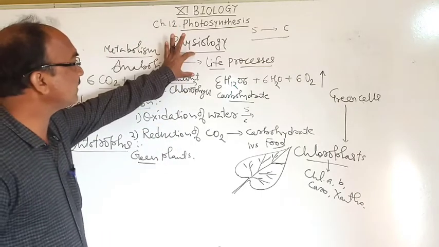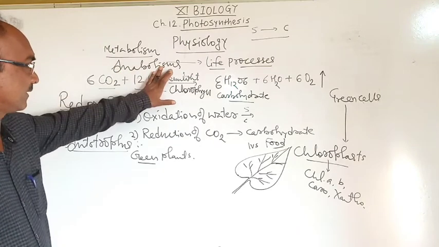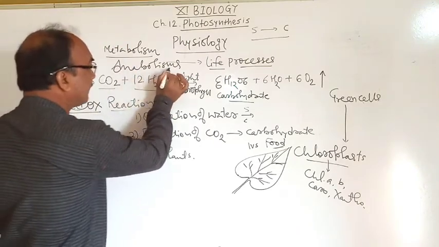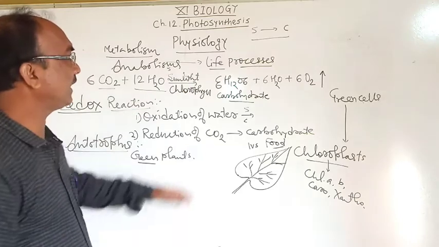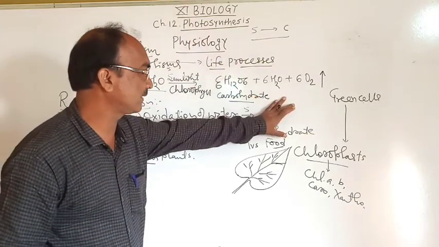So photosynthesis is an anabolic process because in it simple substances are converted into complex substances.